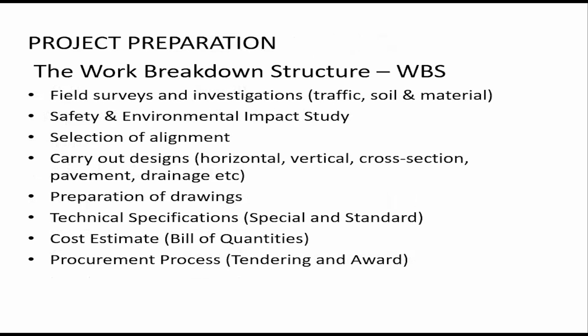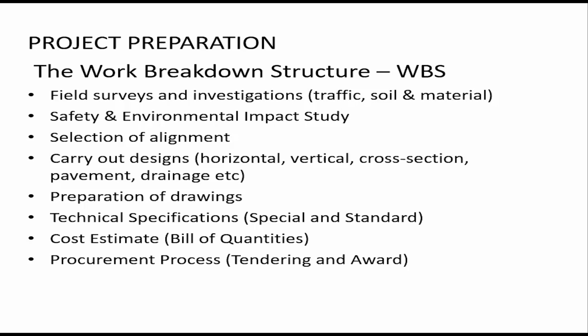Now, to do the project, we have the work breakdown structure, which is the WBS. And you need to do field surveys and investigations. And this entails traffic, soil and material investigations.